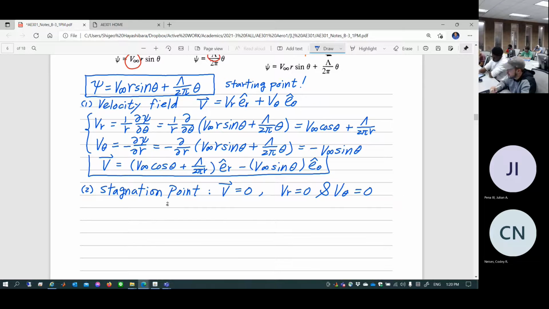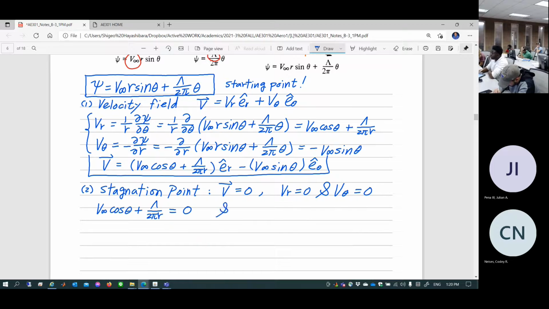Okay, so you come up with two equations with two unknowns, r and theta, obviously. Starting from V_r, which is V infinity cosine theta plus lambda over 2 pi r. Let's set this equal to 0.